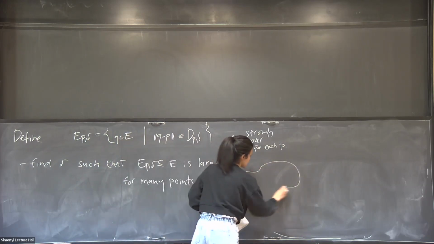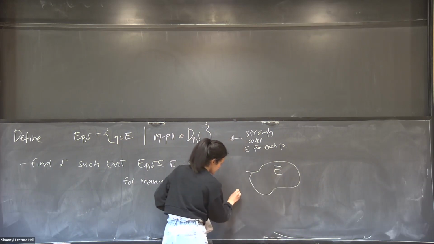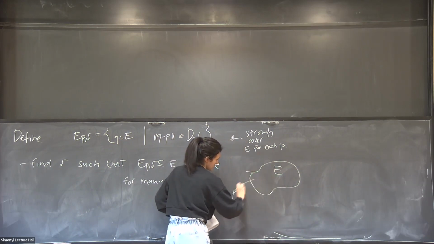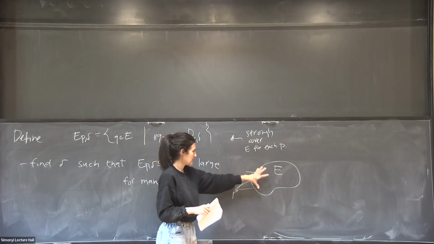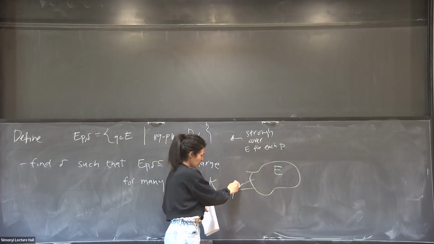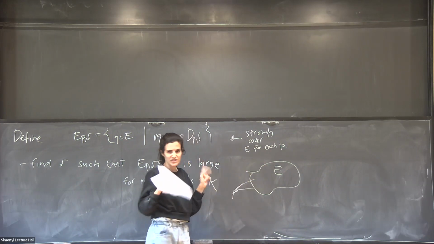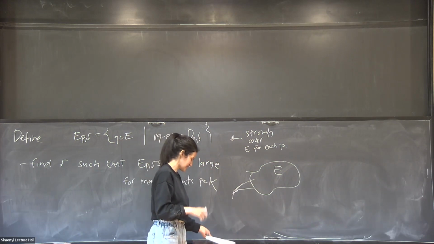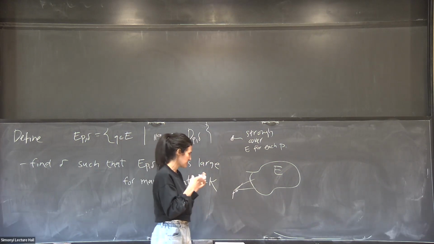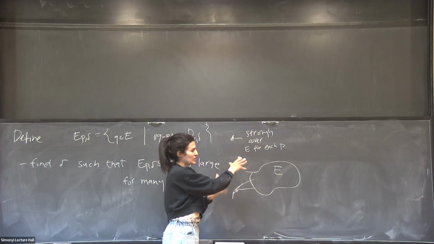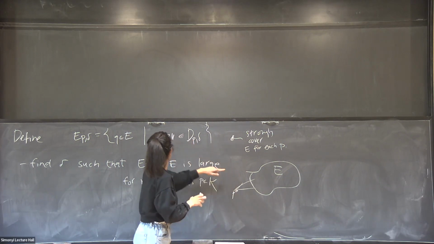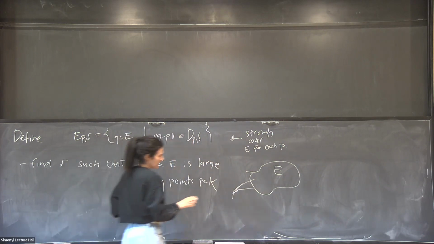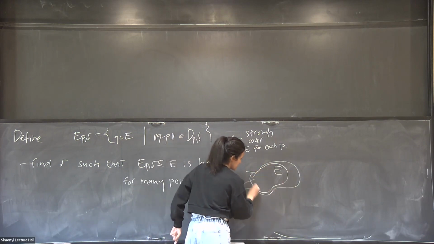Okay, so we have the set E. We look at the distances between P and the set E. We split E into some subsets of E, E_p delta. Of course, it's not a partition.